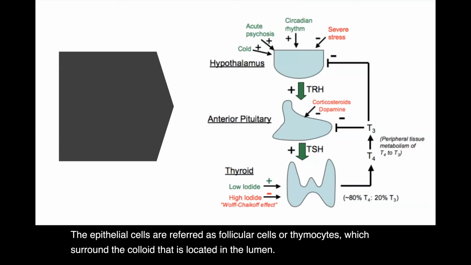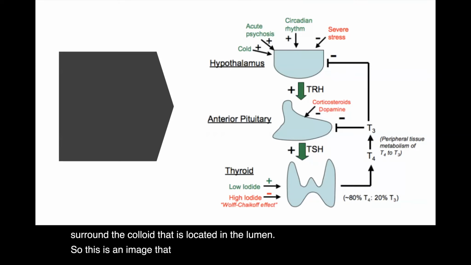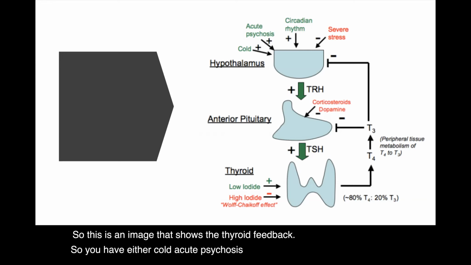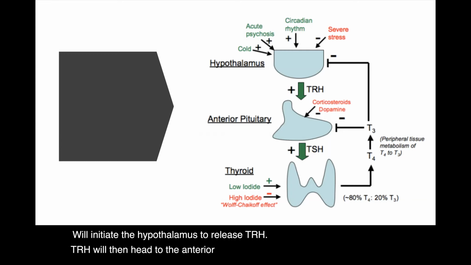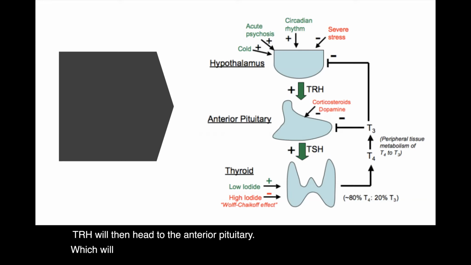So this is an image that shows the thyroid feedback. So you have either cold, acute psychosis, circadian rhythm, or severe stress that will initiate the hypothalamus to release TRH. TRH will then head to the anterior pituitary, which will stimulate the anterior pituitary to release TSH.